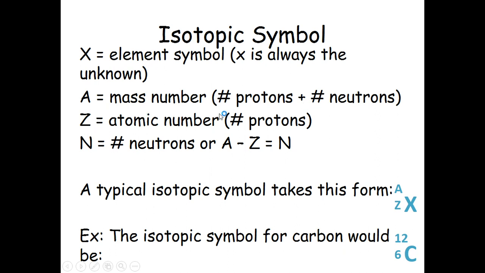Z, or the atomic number, is the number of protons. And N is the number of neutrons; A minus Z gives me the number of neutrons. So the isotopic symbol for carbon looks like this, 12 and 6. 12 represents protons and neutrons, 6 is just protons, and the symbol is C.